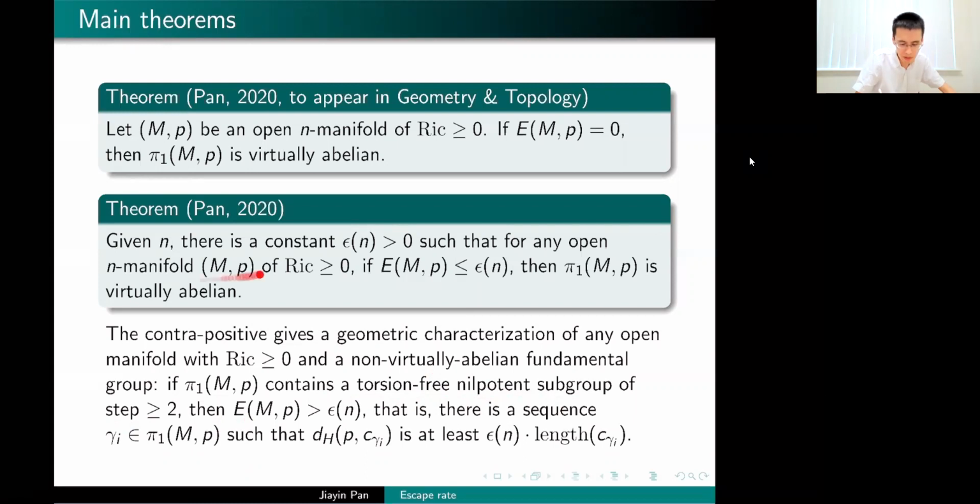By this theorem, the escape rate must be strictly larger than the constant epsilon_n. Translating this back to the definition, we can find a sequence gamma_i so that the size of C(gamma_i) is at least epsilon_n times the length of C(gamma_i), right?